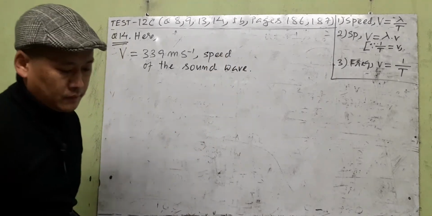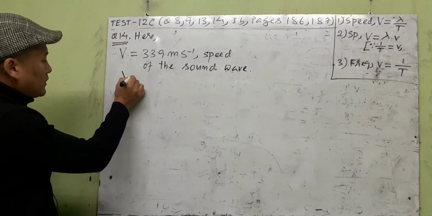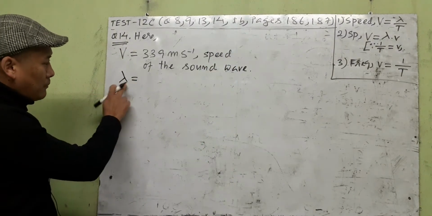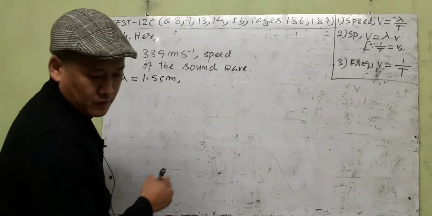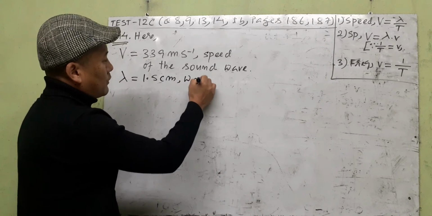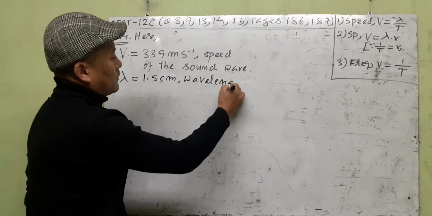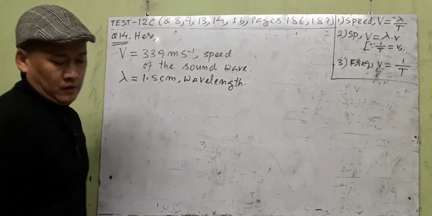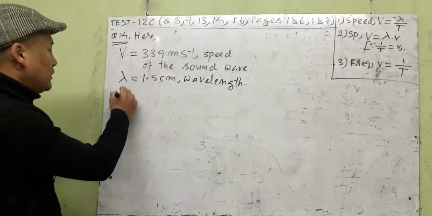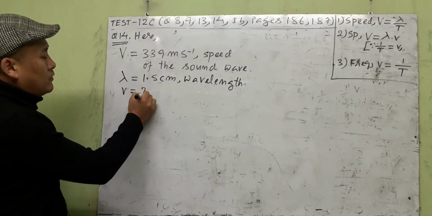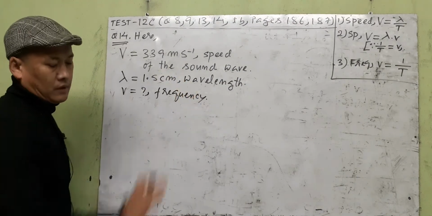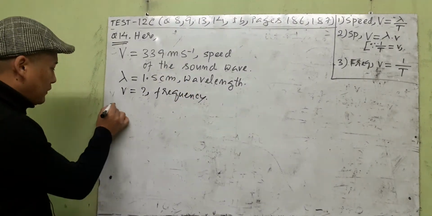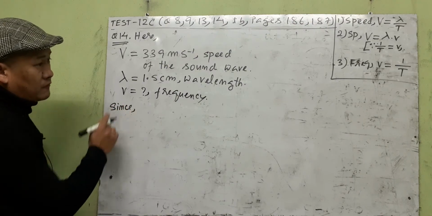Then we know the wavelength is denoted by lambda, 1.5 centimeter. According to the language of the text, it is the wavelength of the sound involved here. Right, then small v, we know small v is nothing but the frequency of the sound.